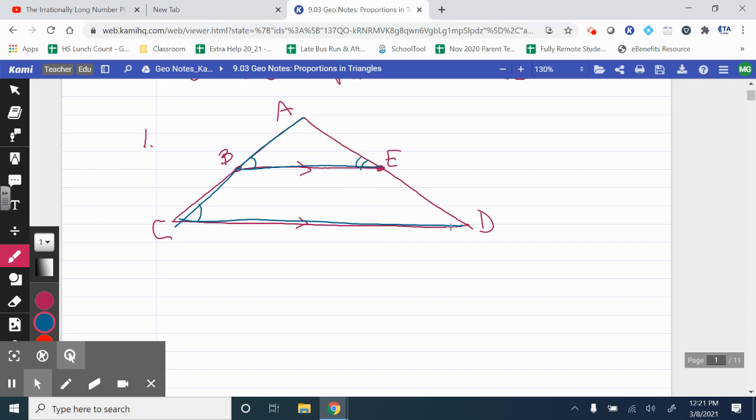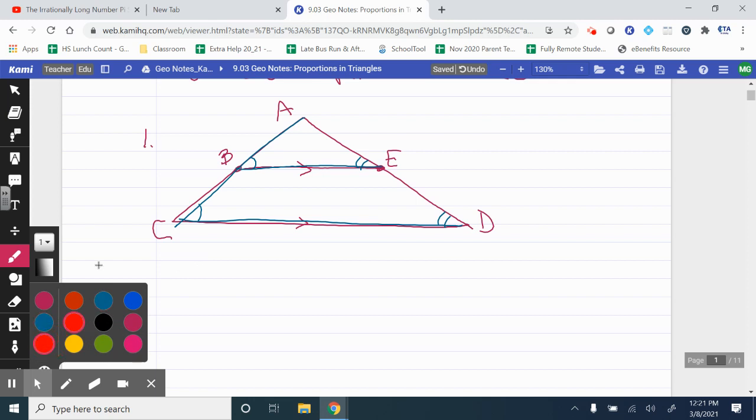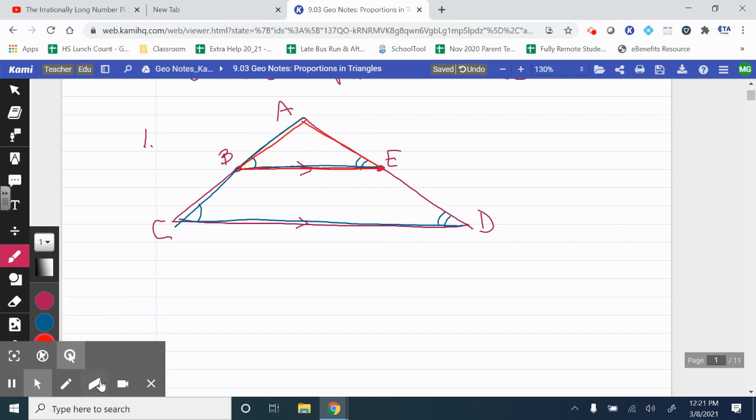We also have corresponding angles over here. And both of the triangles, and when I say both, I mean this top triangle, ABE, and the large triangle here, actually have all three angles corresponding angles congruent. So now we know those two triangles are similar.